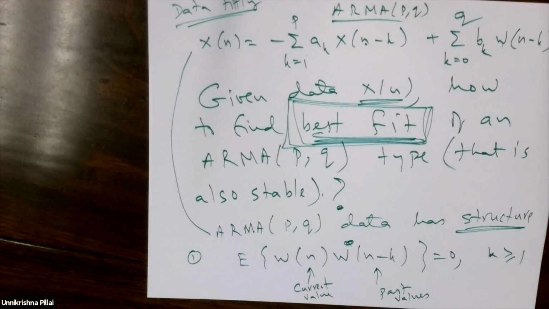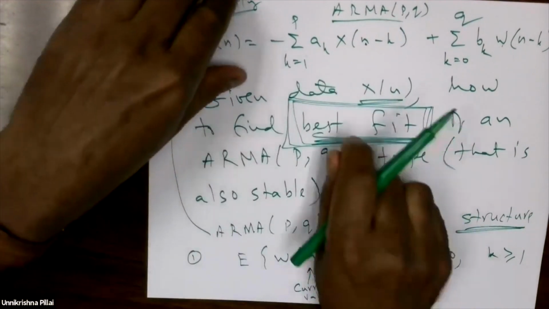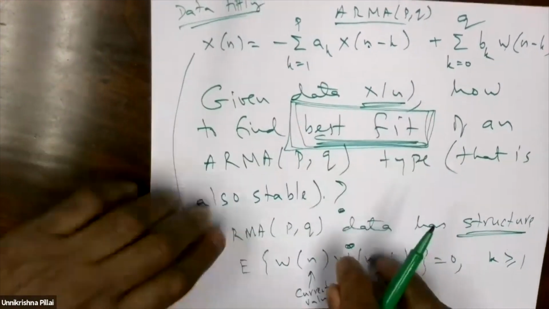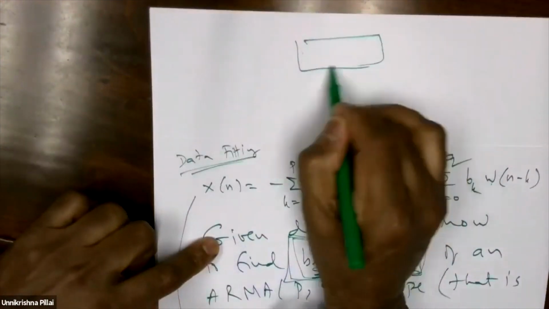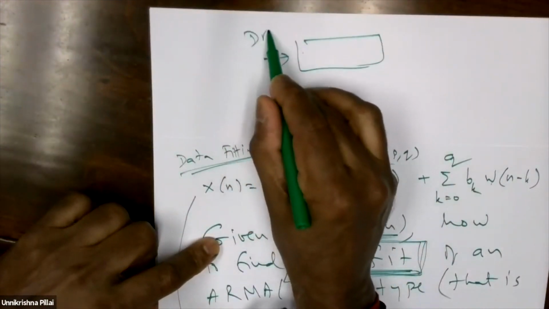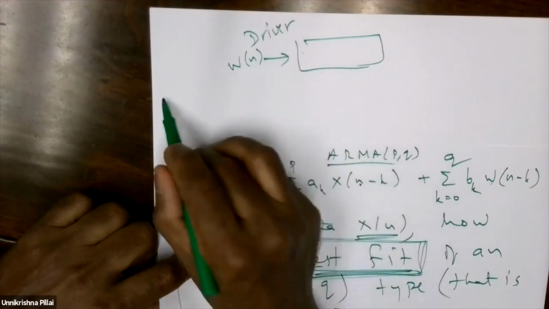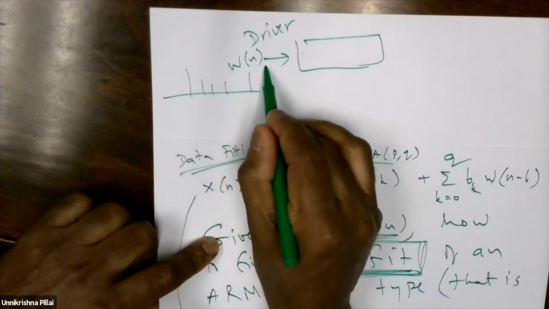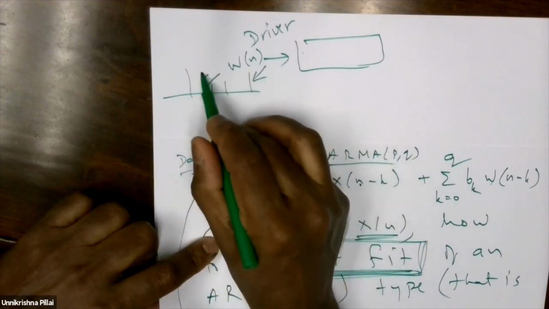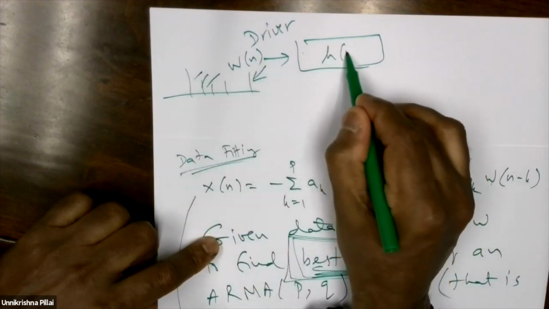I don't even know what is the P and Q, but I am going to assume that the input has got this property. This is the driver, W of n. If W of n is uncorrelated with the past, that's a reasonable assumption.